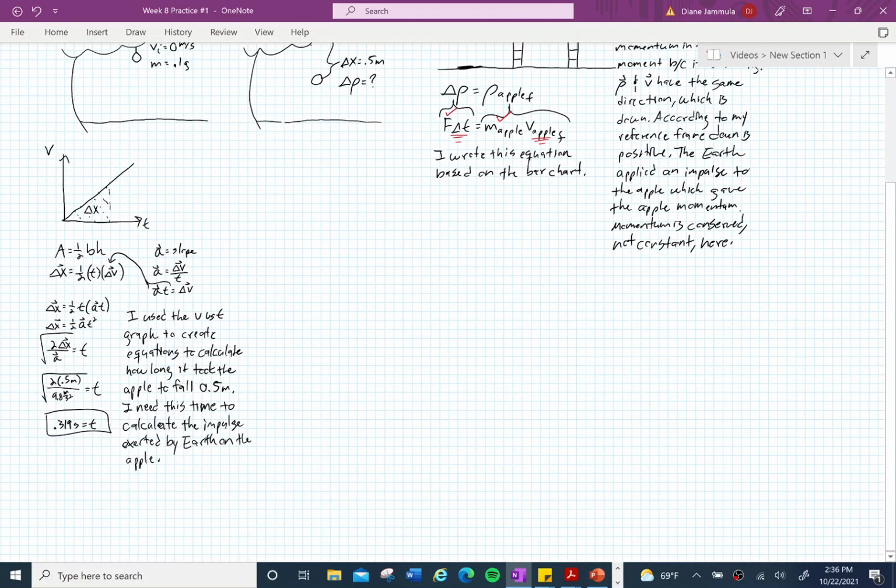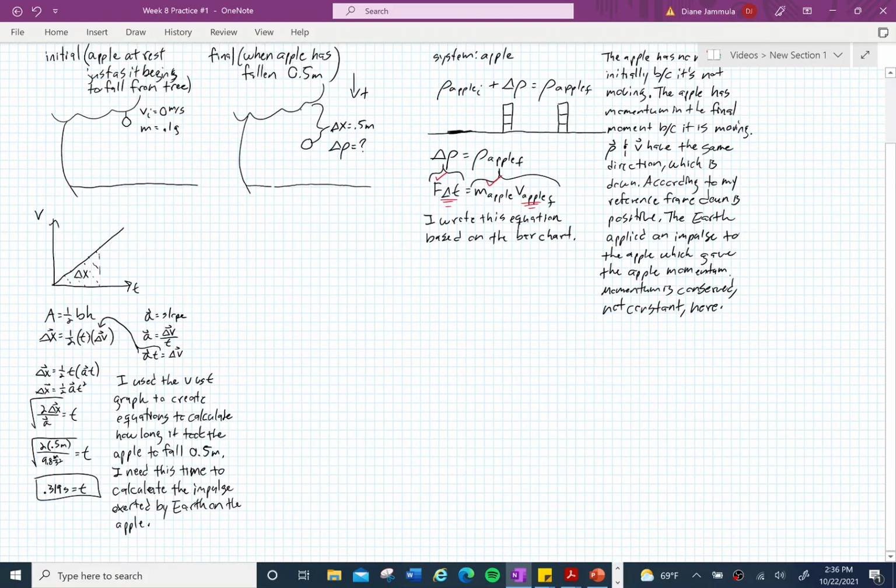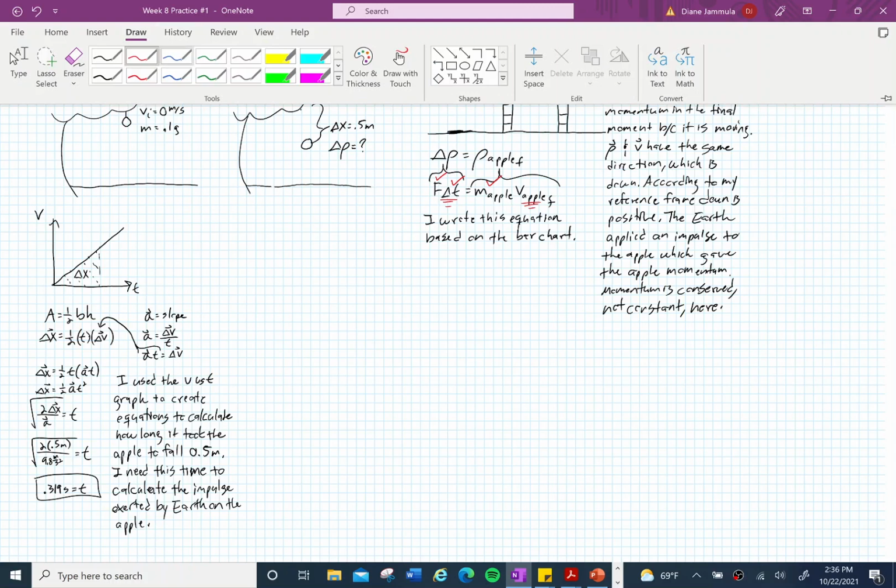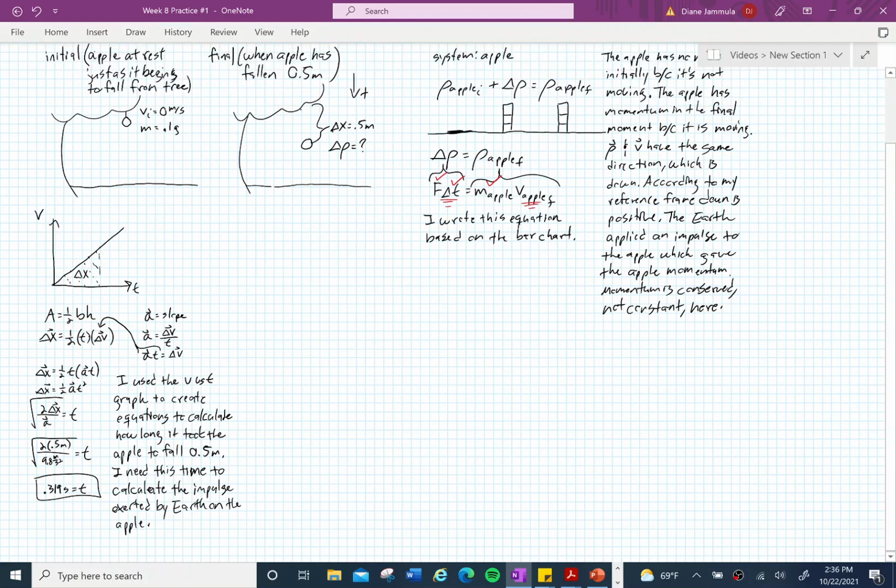Okay. Now let's see. Impulse is the change in momentum, and if I go back to this equation with my bar chart, now I do know what that change in time is. So I just have to do F times change in t, and I get the impulse. Let me write that down.